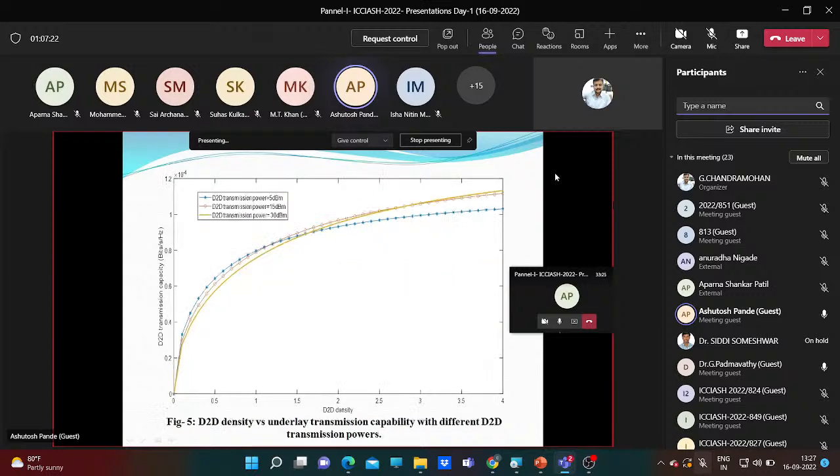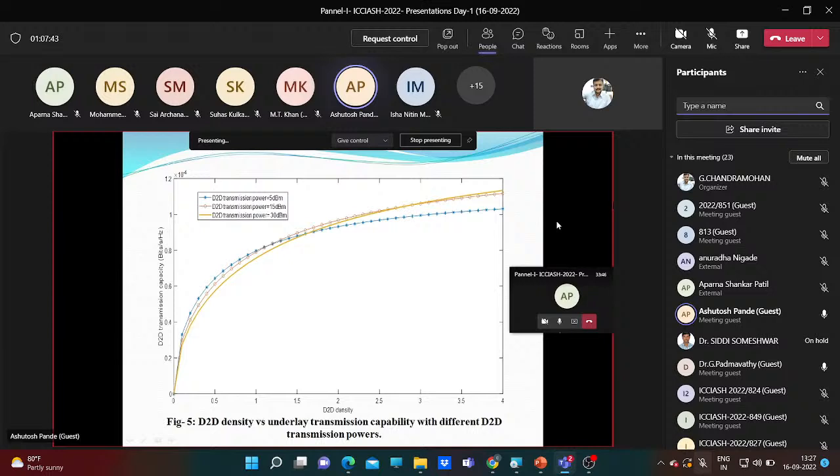Now this is the last graph. This figure is figure 5. Here again analysis is done between the same device to device density and underlay transmission capability for the same maximum distance of 100 meters, but with fixed value of device to device transmission power.